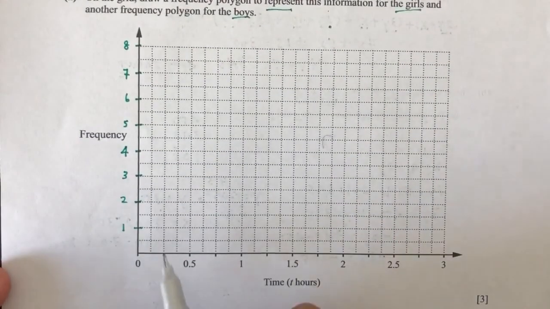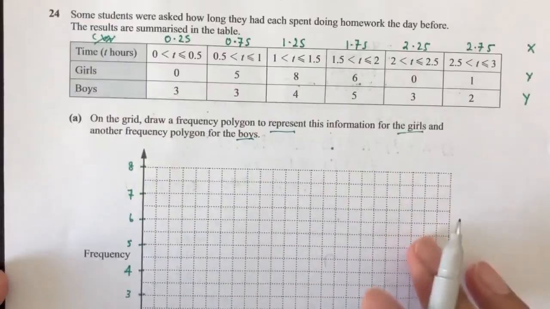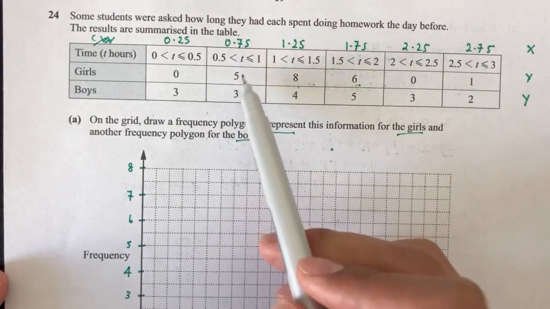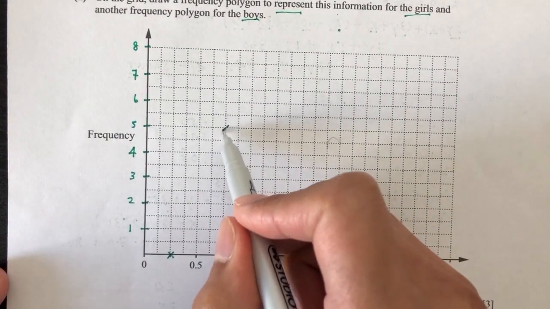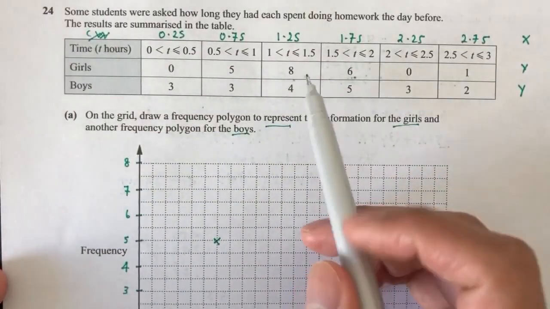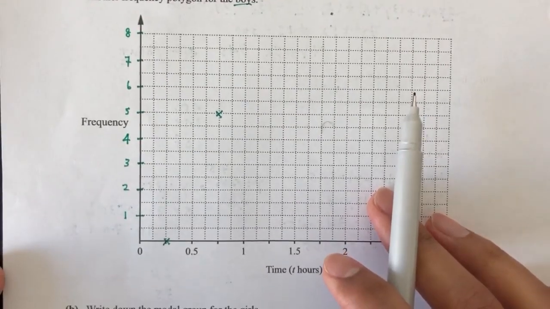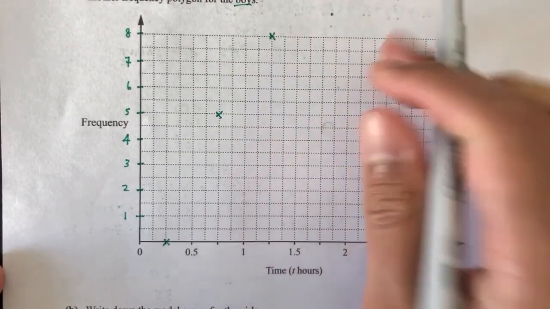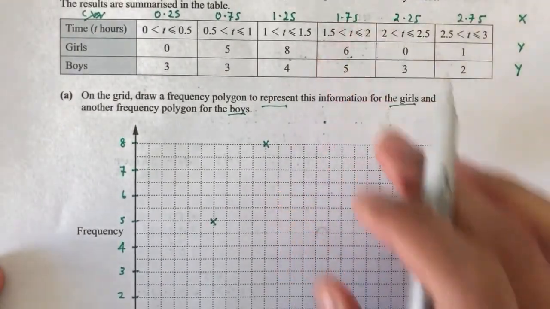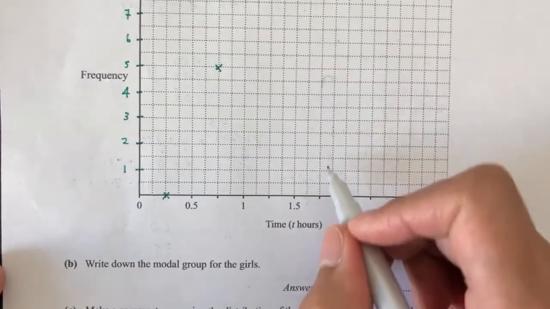So it begins here. The next one is 0.75, 5. So it'll be here. Next one is 1.25, 8. So 1.25, 8 will be here. Next one will be 1.75, 5. It will be here.